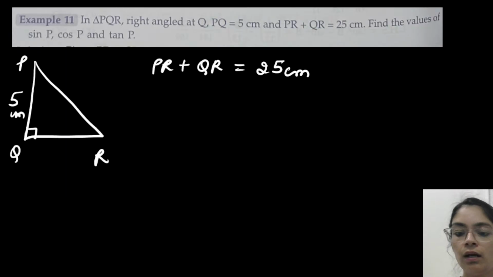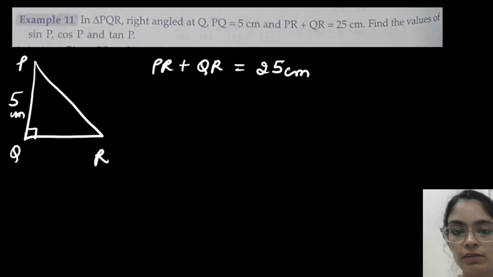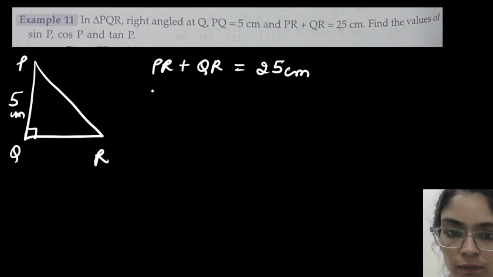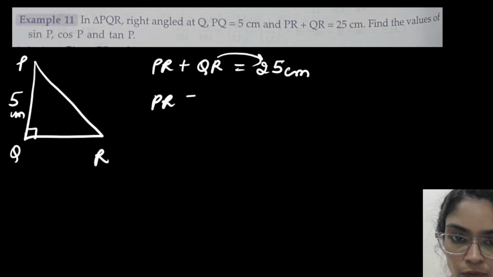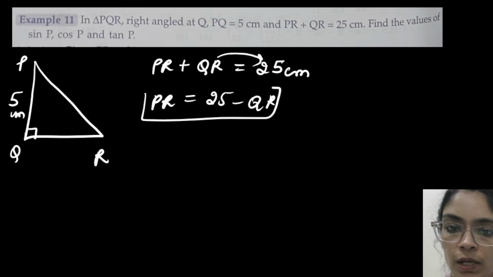Now again we can make use of Pythagoras theorem and find the two unknown sides PR and QR. Same way like we did in the previous question, here also we will do. We'll find the value of PR first of all. PR is equal to 25 minus QR, because when I shift plus QR to the other side, it becomes minus QR.